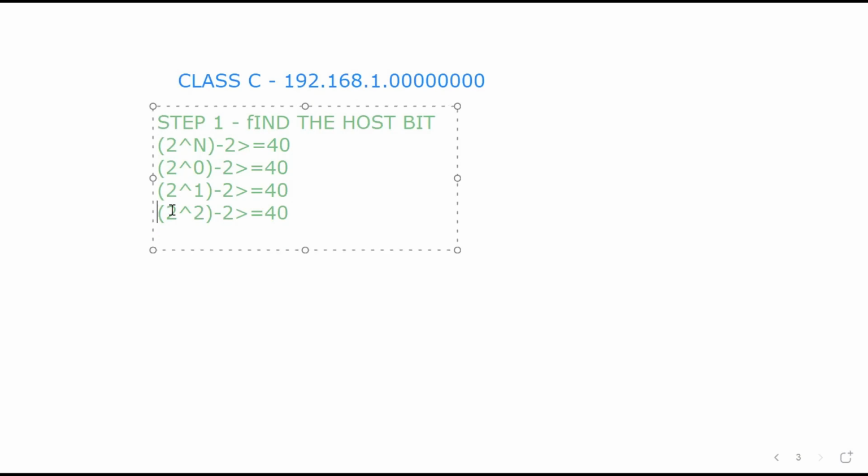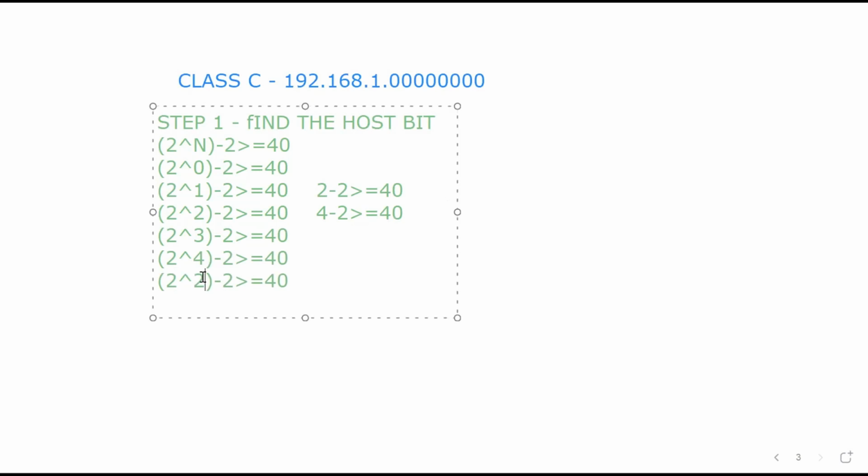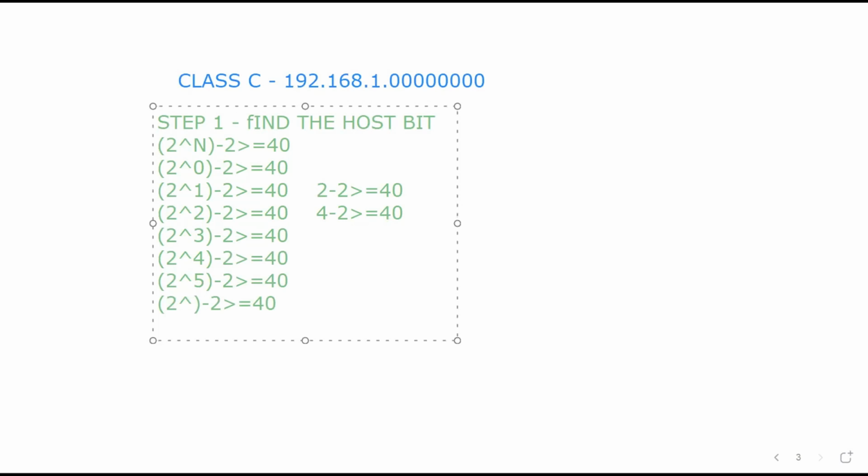No. Let me put again power 3, power 4, power 5, power 6. 8 minus 2 is greater than or equal to 40?